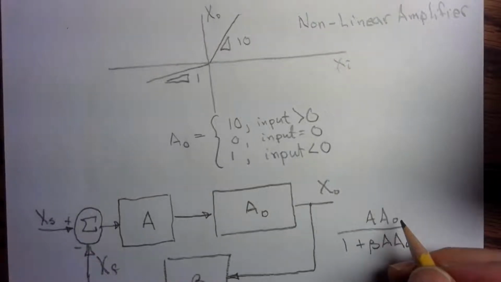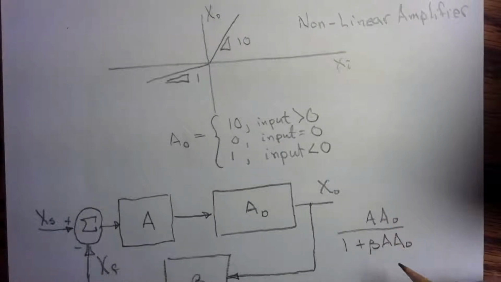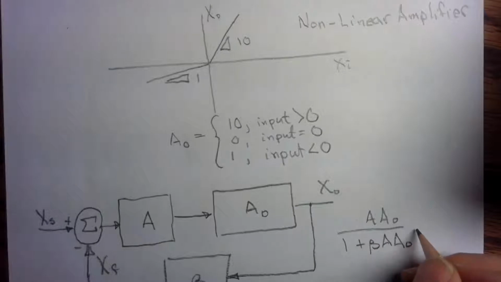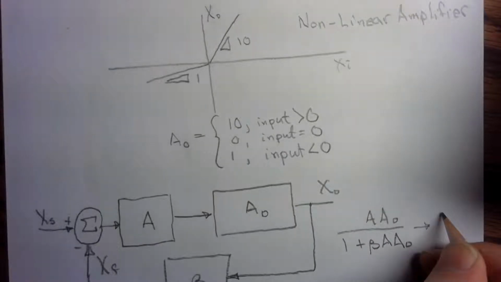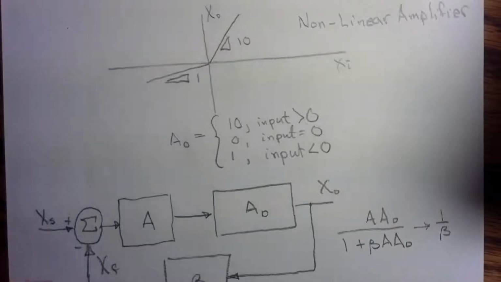And if I take that gain, as A goes to infinity, this gain is going to approach 1 over beta, as you see. Take the limit as A goes to infinity here.